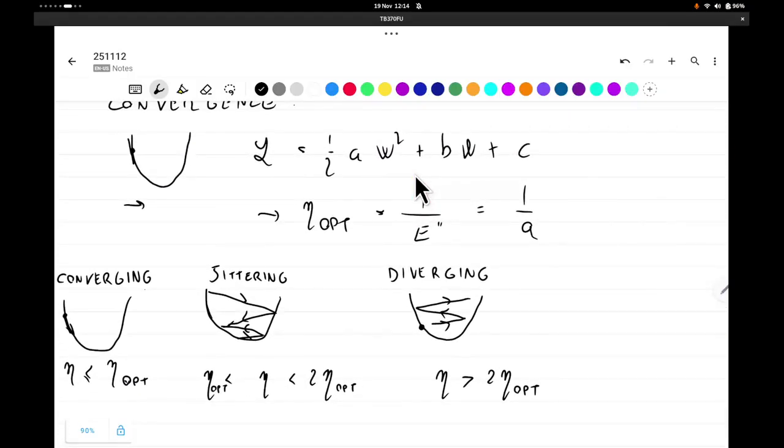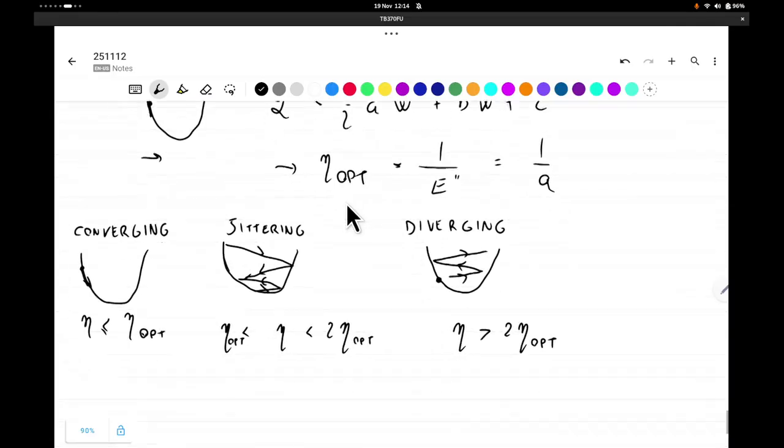The learning rate that lets us find the solution in the smallest number of steps is 1 over the second derivative. Well, 2 times the second derivative, yes. So in a quadratic function, that would be just 1 over a.